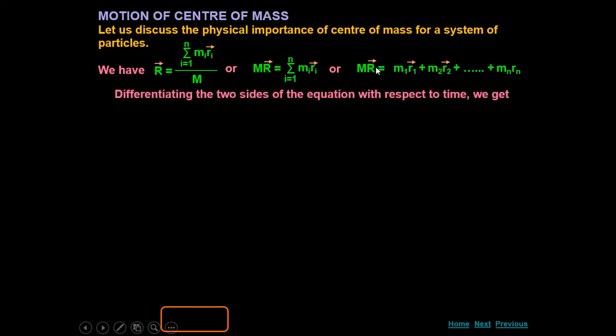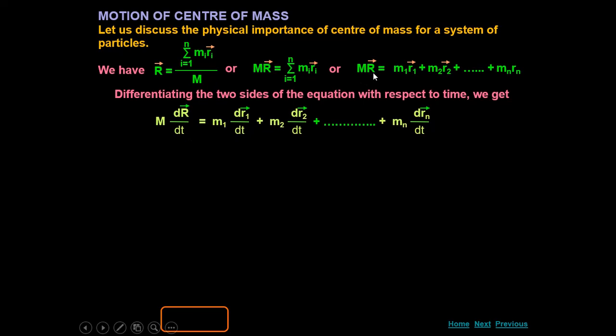Then if the position of the center of mass is changing with respect to time, as time progresses, then we write it as M dR by dt. If you write dR by dt, it means the rate of change of the position of the center of mass with respect to time, which means the position of the center of mass is changing with respect to time.